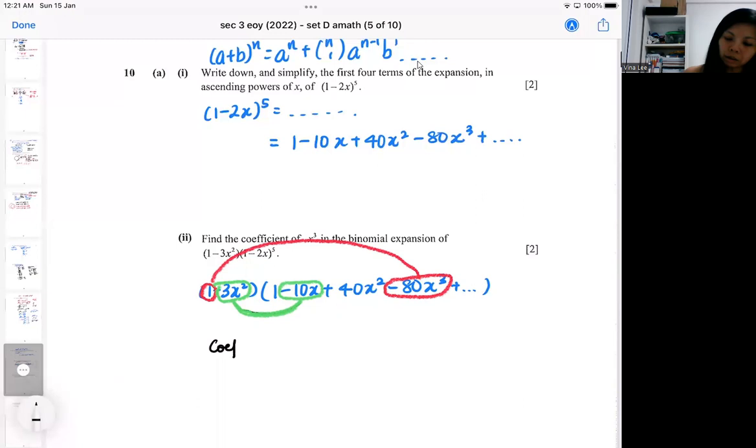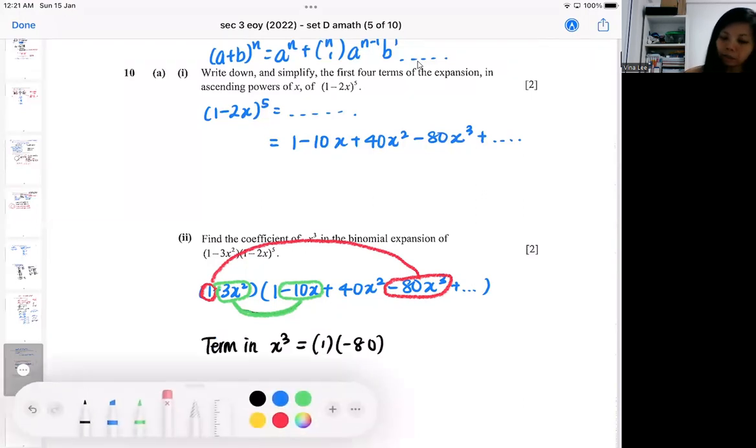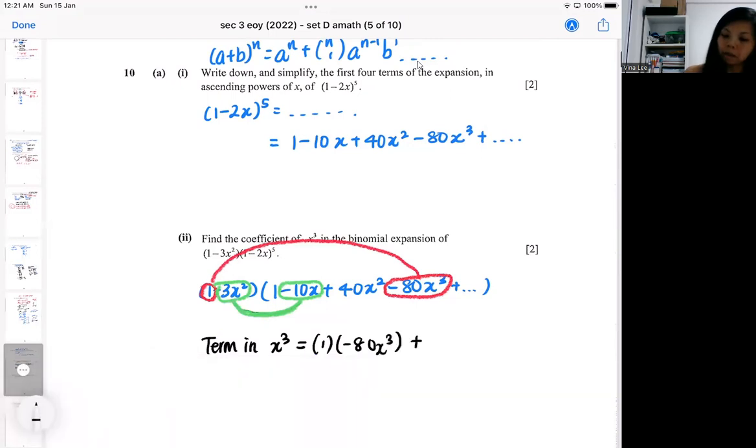So you add the 2 arrows. The red arrow will be 1 times minus 80x cubed. So you get the term first. Then the green arrow will be minus 3x squared times minus 10x.